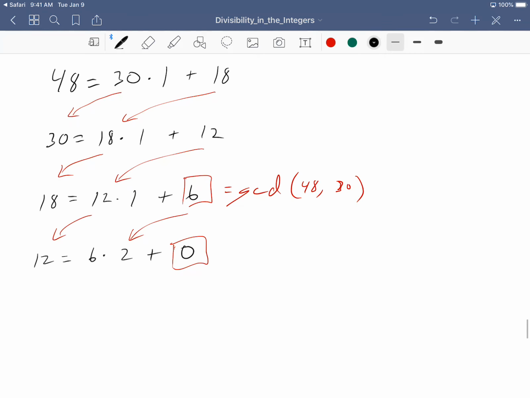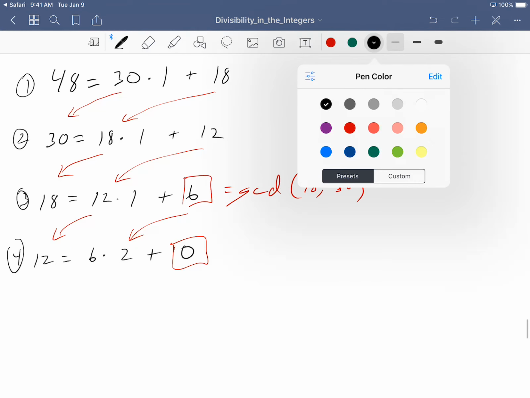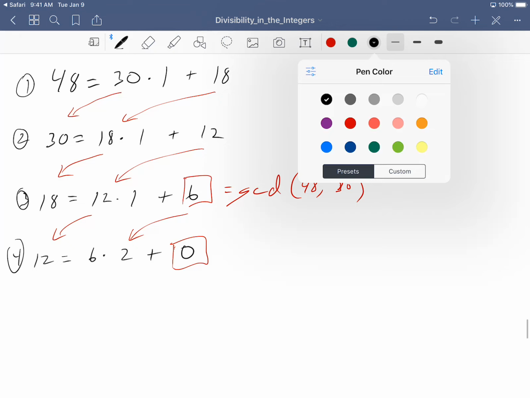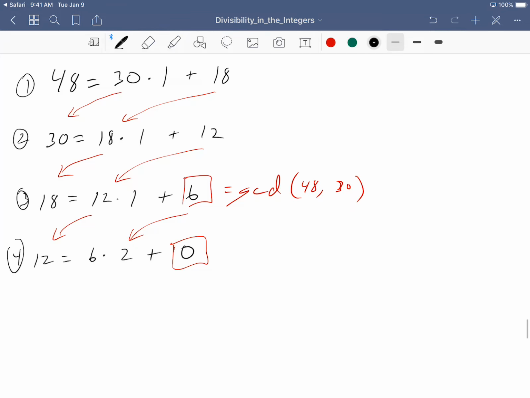Now we're going to use those same equations to try to find this x and this y. This is kind of a weird process, but what we're going to do is start with that 6 equation. I'm going to number these 1, 2, 3, 4. I'm going to start with number 3 here that says 6 is 18 minus 12 times 1.